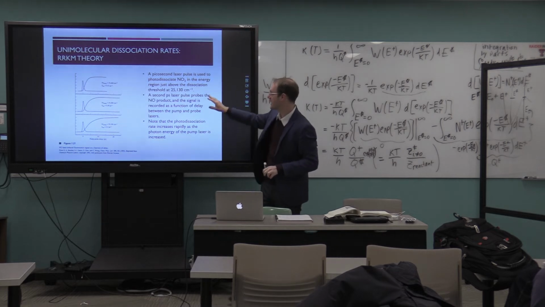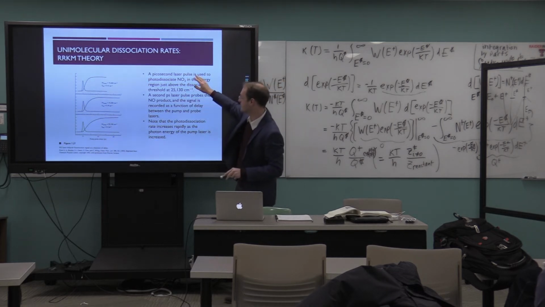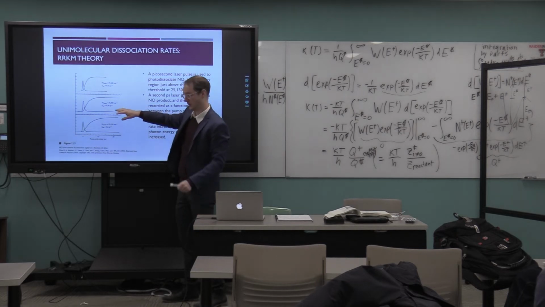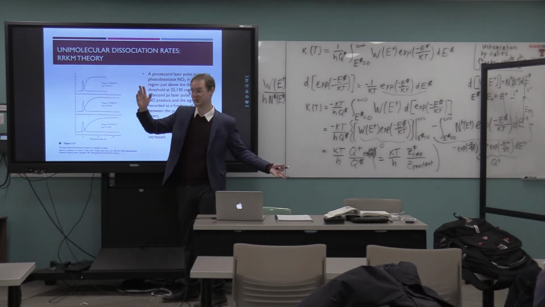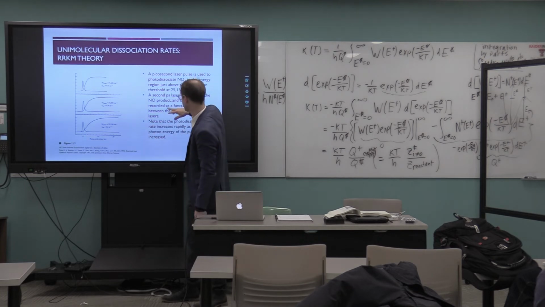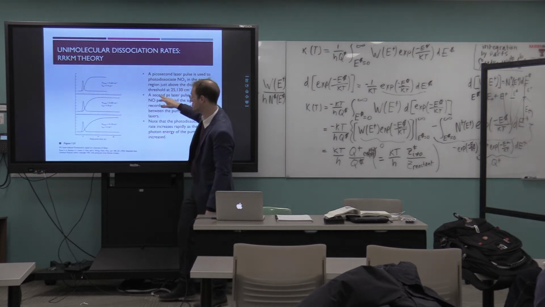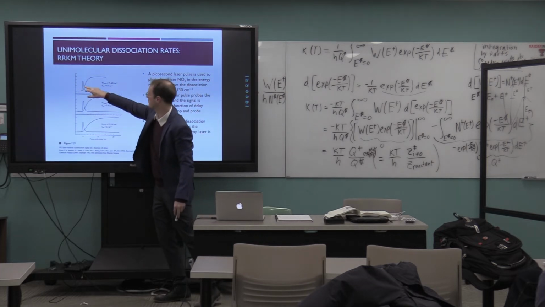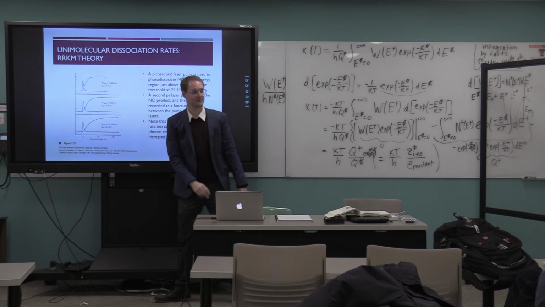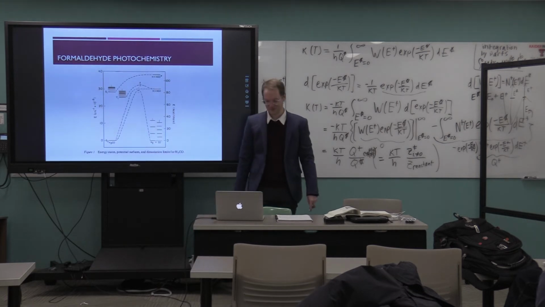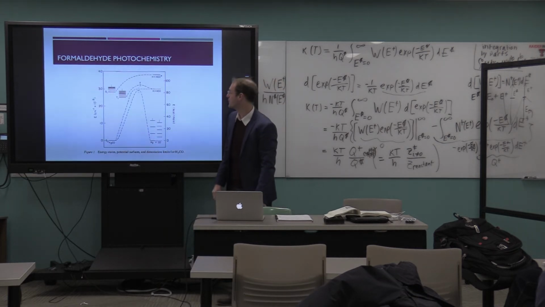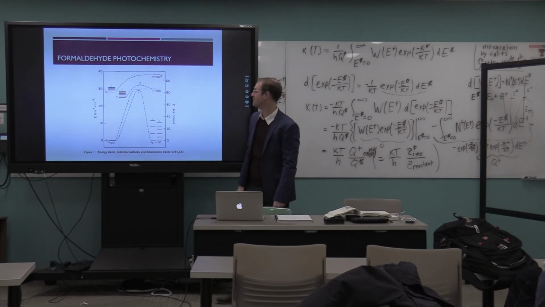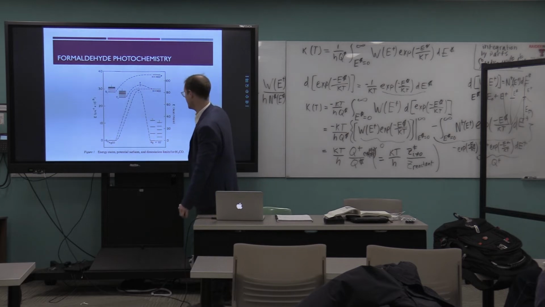So we mentioned last time RRKM theory does a really good job at getting the rates of a wide variety of photodissociation reactions. Shown here was data for NO2 photodissociation, and as you increase the energy above the transition state, you can see that the rate of product formation increases. But another famous example of photochemistry is the photochemistry of the formaldehyde molecule, H2CO.